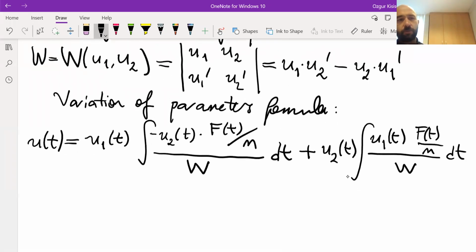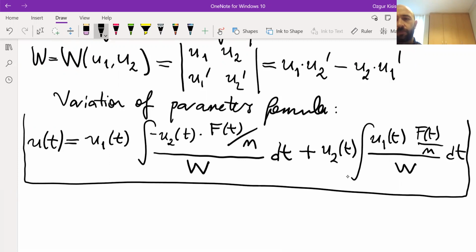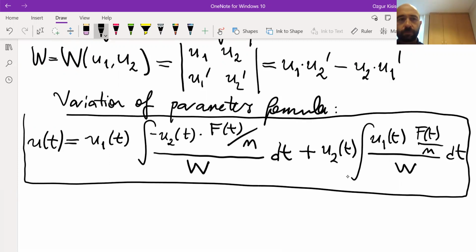So there's a big formula, but you have a formula. Computationally, there is nothing that will obstruct you. You can find u1, u2, then plug them in here. You know f of t, you know m, you can calculate W. So everything in this formula can be calculated.